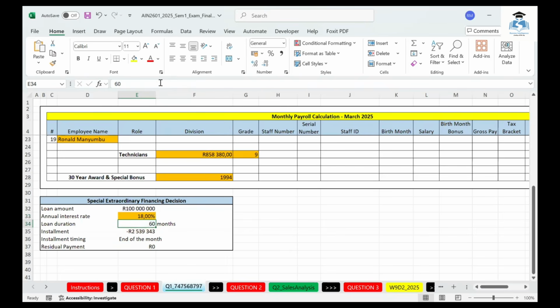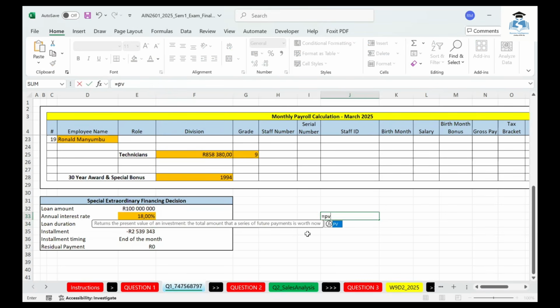So in this case, let's say we want to calculate the loan, which is the PV. The rate is this one, but we want the monthly rate, so we divide it by 12. That time we wanted the annual rate, so we multiplied the one that we got by 12.